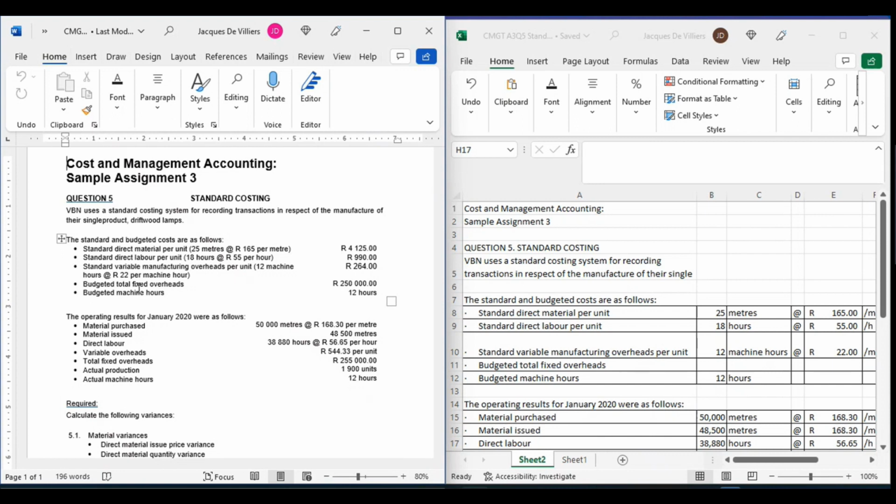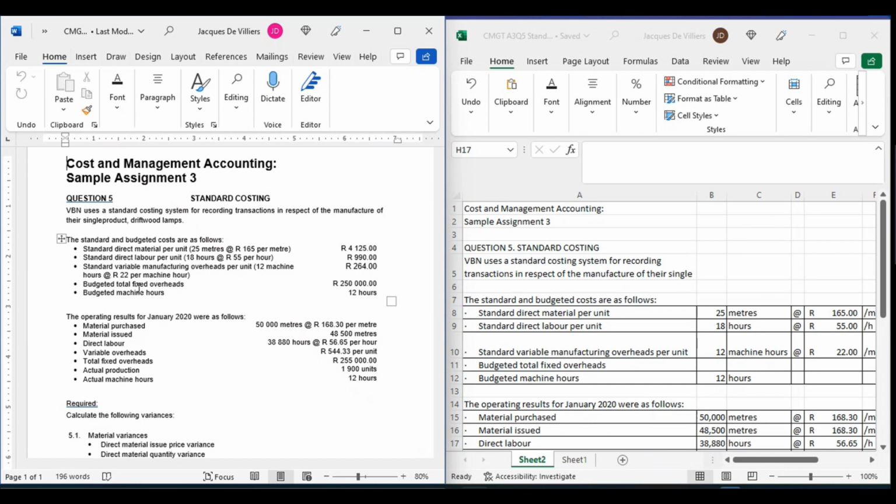Standard direct labor per unit, it takes 18 hours to make one lamp, and we are paying the guys 55 Rand an hour. At least in this example, they're not paying minimum wage. It's a bit better. Then the standard variable manufacturing overhead per unit is 12 machine hours at 22 Rand per machine hour. So that is the variable manufacturing overhead.